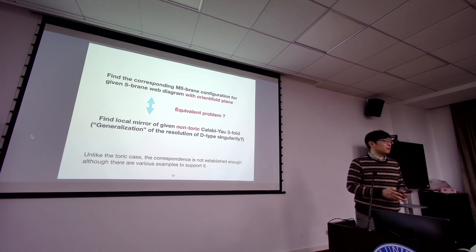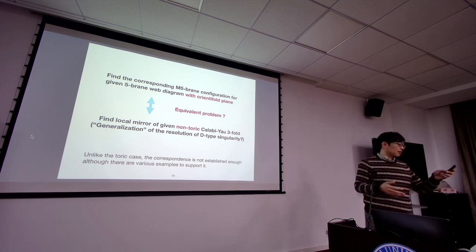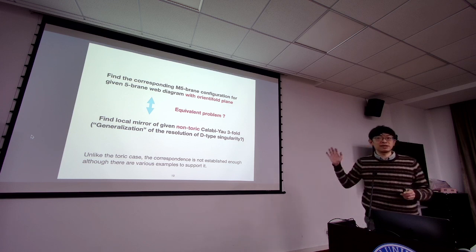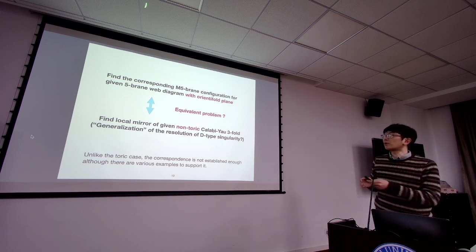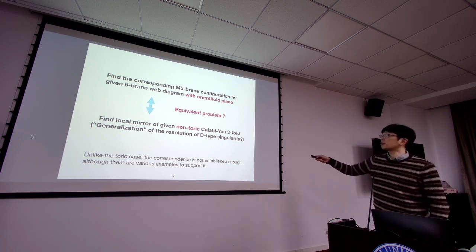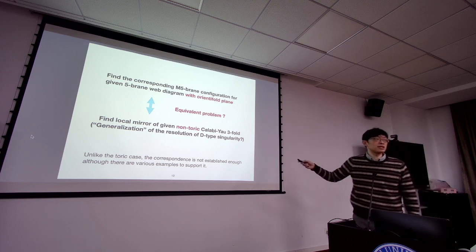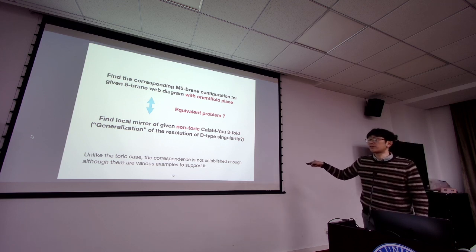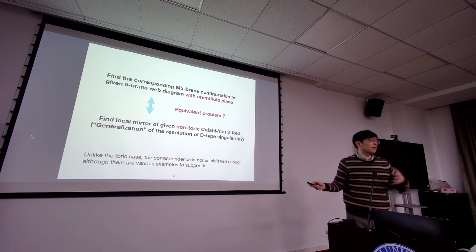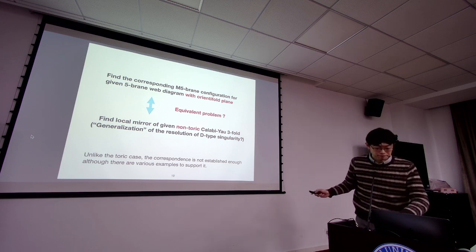So this can also be an interesting direction or motivation of studying this thing. So although my work is only concentrated on this brane side, potentially it should be related to the generalization of local mirror symmetry studies.